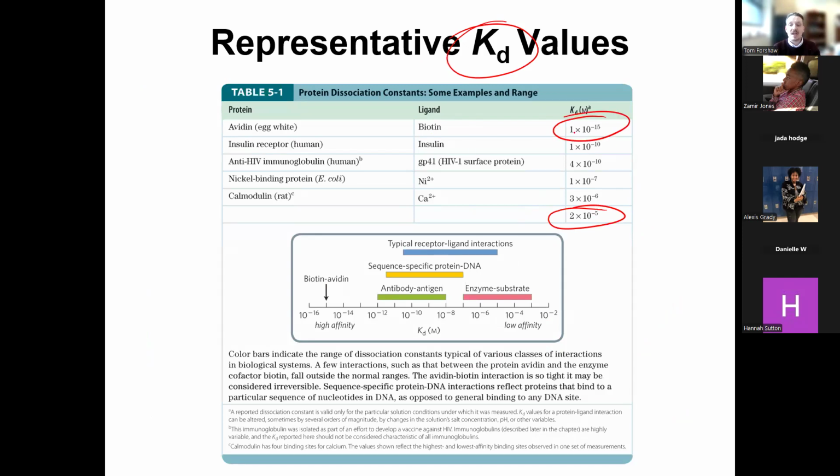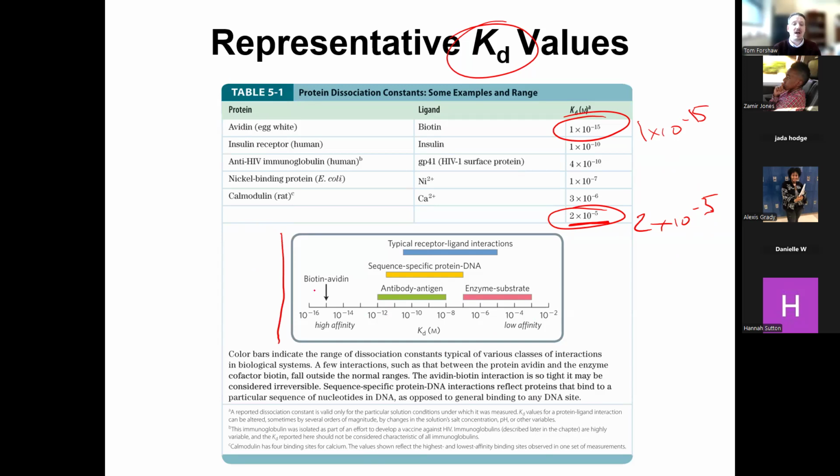So as it gets further from 1, so it's 1 times 10 to the negative 15, that's reflecting that it really doesn't want to break apart at all. Whereas if that KD value is instead comparatively large, such as 2 times 10 to the negative 5, that's a larger number, closer to 1, then that's saying that it's not staying together as well.